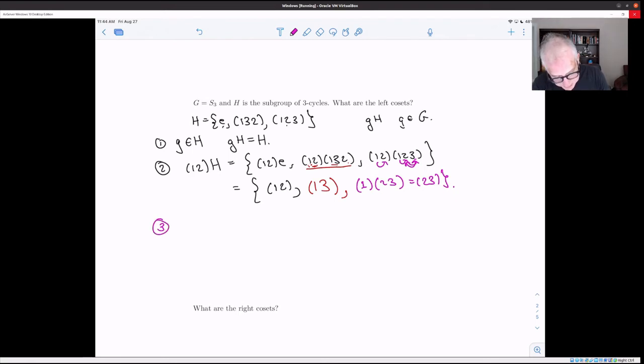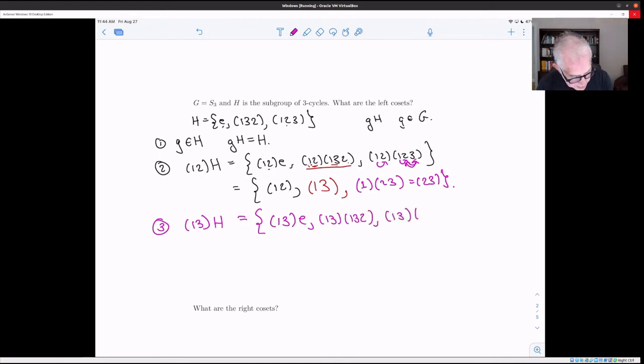Well, what if we multiplied (1 3) times H? Well, we could go through this whole thing. It's (1 3) times E, (1 3) times (1 3 2), (1 3) times (1 2 3), and it turns out to be (1 3).